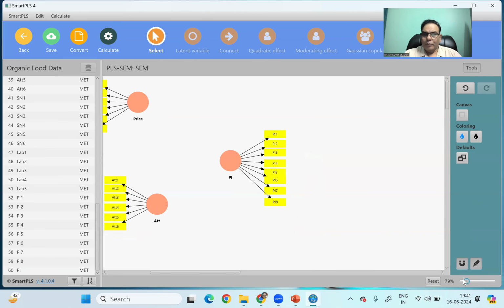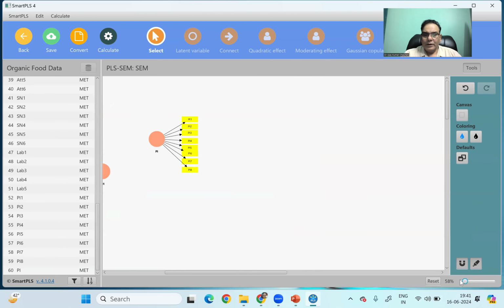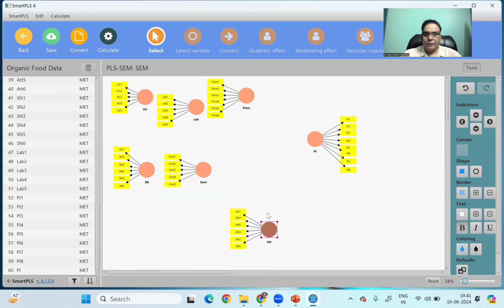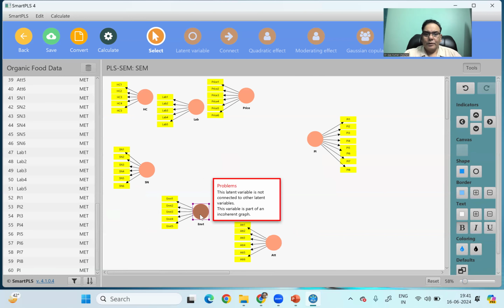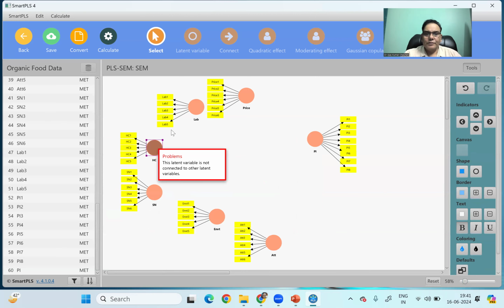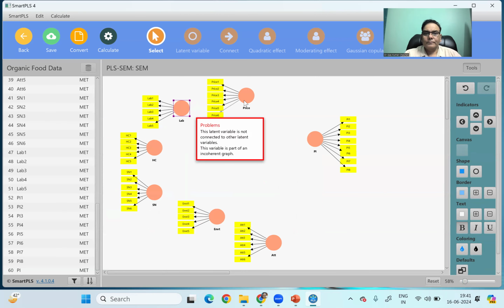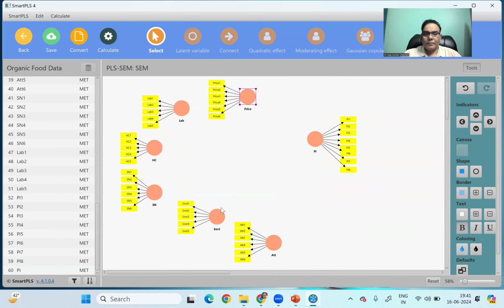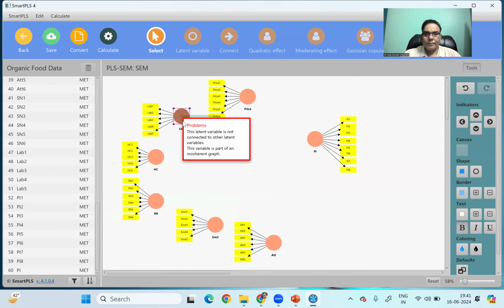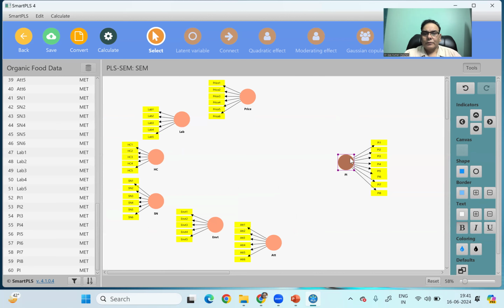Okay, now my model is set and we have to place them. So this is called placing the constructs. Okay, now we go click on the connect.